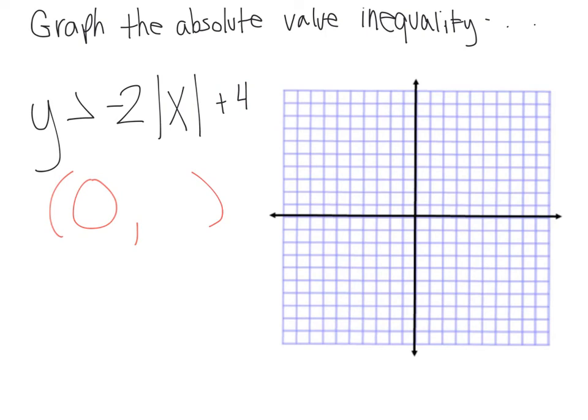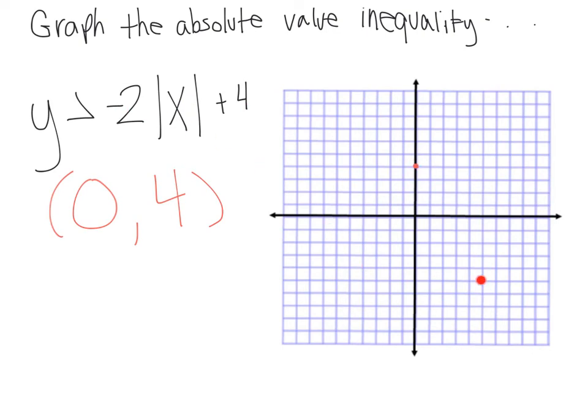So in this case, though, we do have a number on the outside. It's +4, so my y value will be +4. So I'm going to go ahead and plot my point at 0, 4. And then next I'm going to look at my compression or my stretch. Remember the negative sign, that means that it's a reflection over the x-axis.